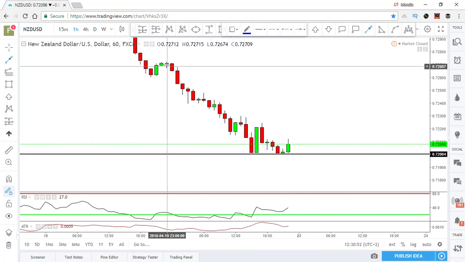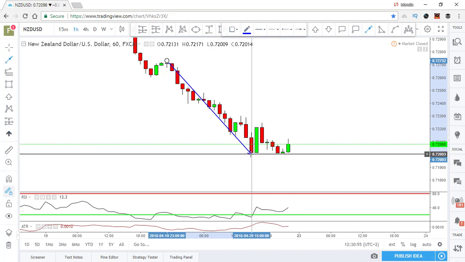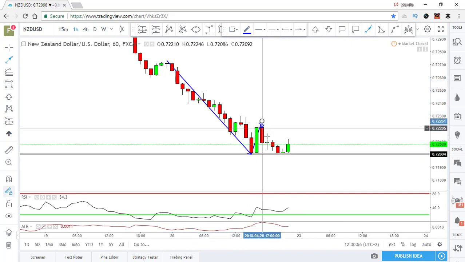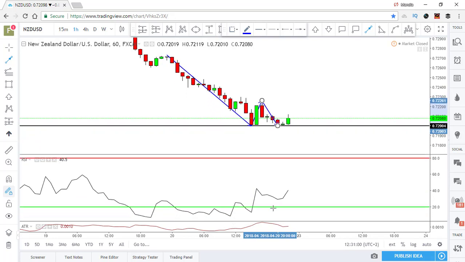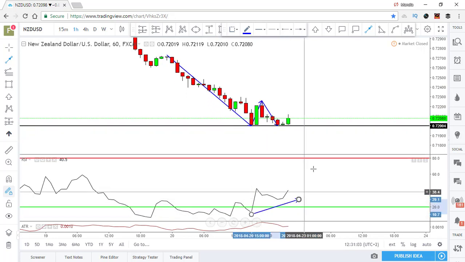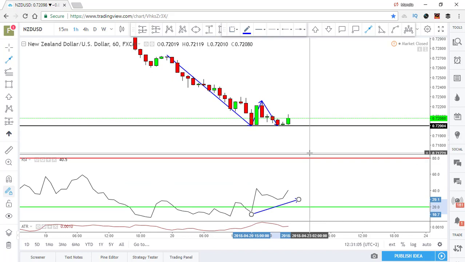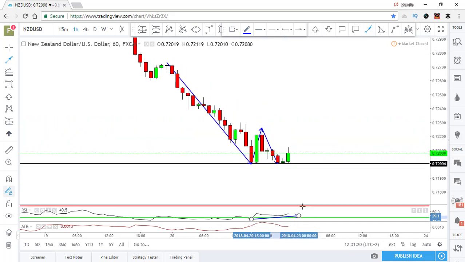So price came in right here, gave us a pullback, we are retesting, and we have a bullish divergence right here. Our first leg became oversold, and our second retest of this structure level is not oversold, which gives us a bullish divergence in this case.